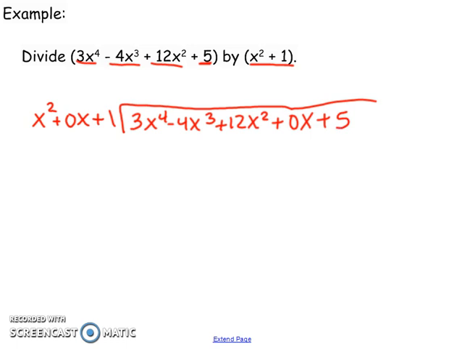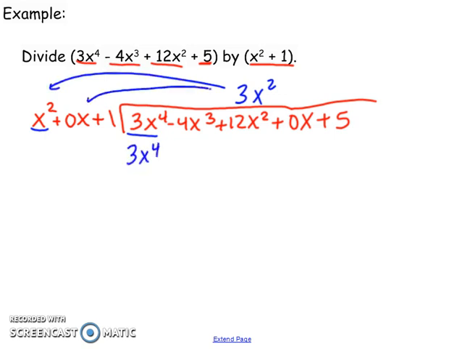Same process. We have an x squared, and we want a 3x to the fourth, so we need a 3x squared. We're going to multiply it to all 3 terms: 3x to the fourth, this is just going to give us a 0, and this will give us a 3x squared.